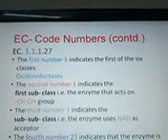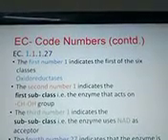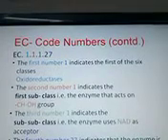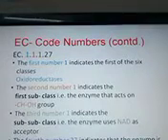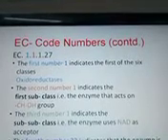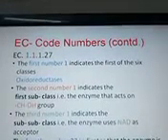And the fourth number 27 indicates that the enzyme is at the 27th position in the list of enzymes in the subclass.